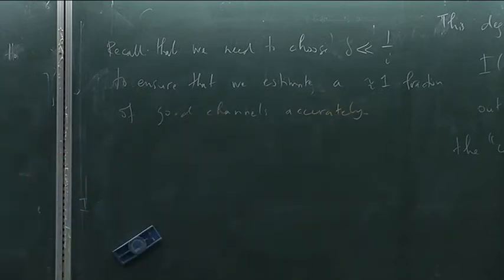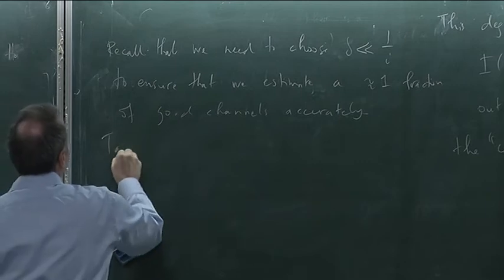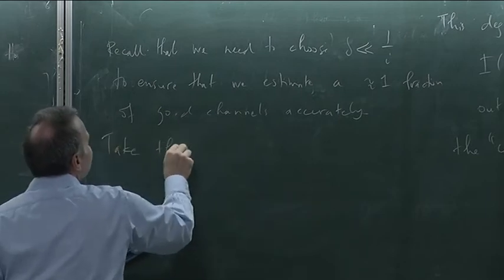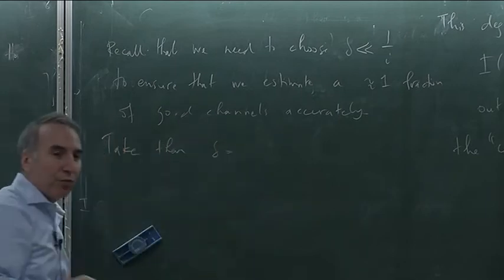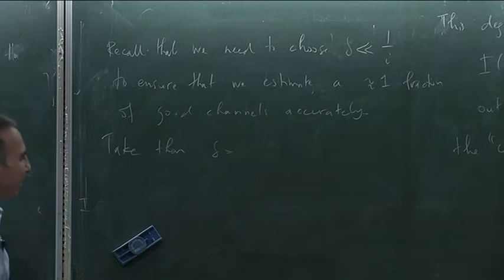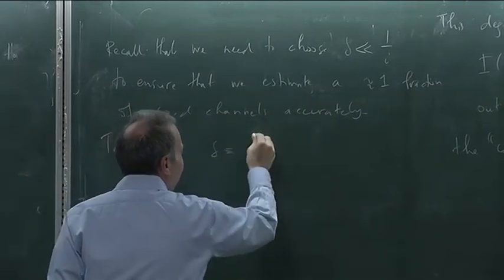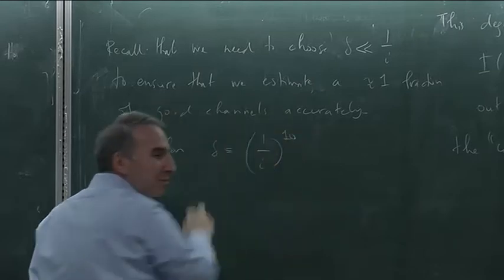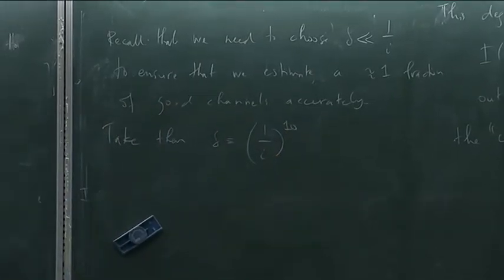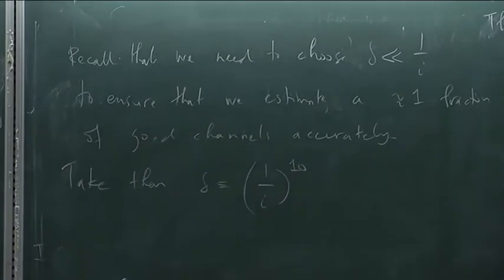So, for example, we could take delta equal to, I don't know, let's say 1 over I to the 10. I'm being generous. Okay, so it is much less than 1 over I.